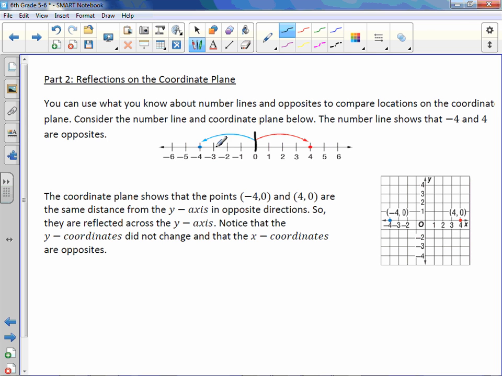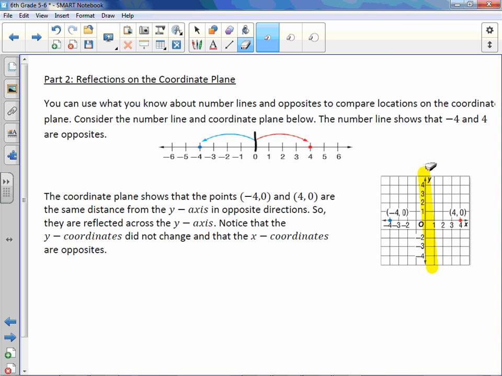Now, if this were the x-axis, like down here, this would be 4, 0, because it's right on this line, so the y value is 0, the x value is 4. And over here would be -4, 0, because the x value is -4, and the y value is 0. Now, they are considered to be reflected across the y-axis.